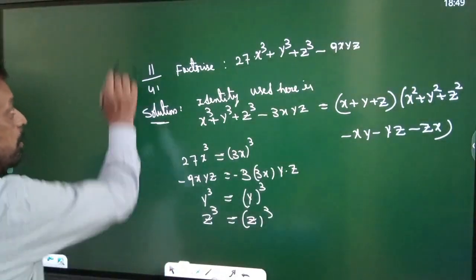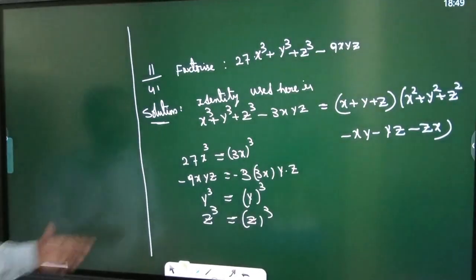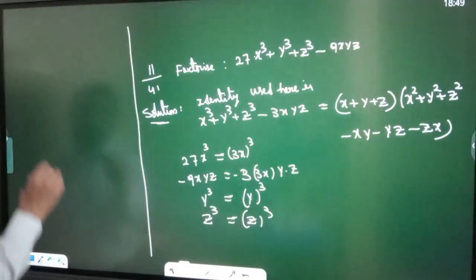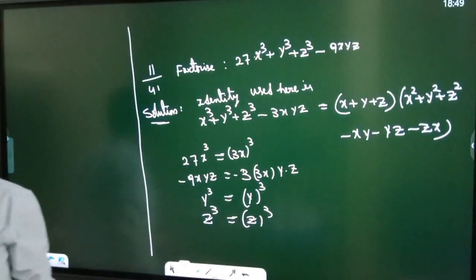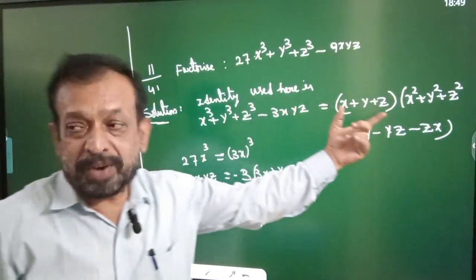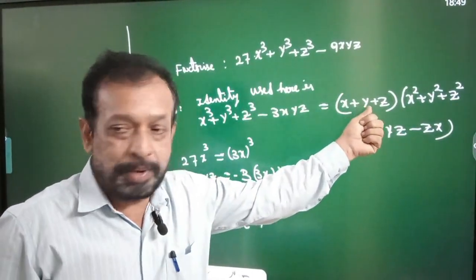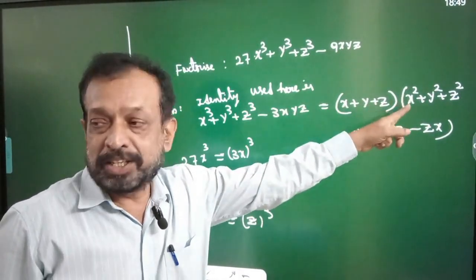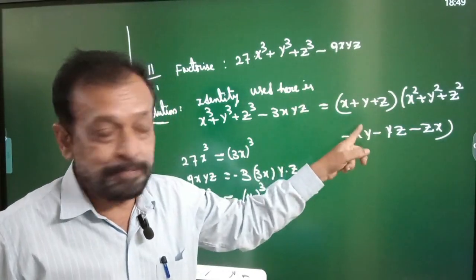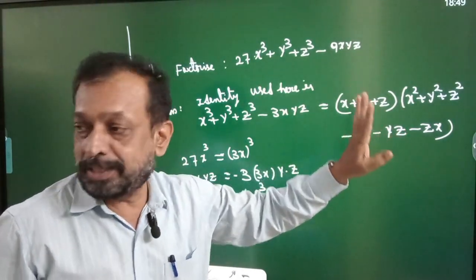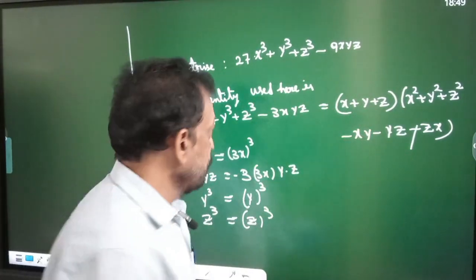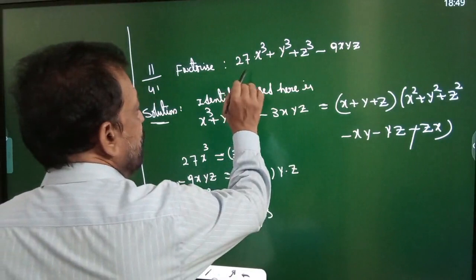Okay? Understanding? You want to make this as a factor. So complete up to here. This is the formula, for which these two factors are there. What are the factors? x plus y plus z into x square plus y square plus z square minus xy minus yz minus zx. This is one factor, this is another factor. Here the first term x cube is there.